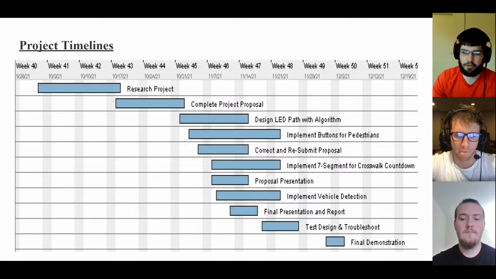While we're working on all this, we will also be working on correcting and resubmitting our proposal, creating and presenting our proposal, and then our final presentation and report, with finally just testing our design and troubleshooting anything before our final demonstration at the end of November.